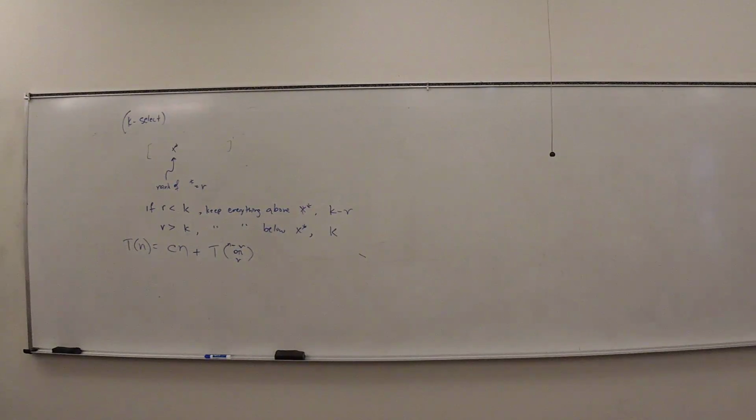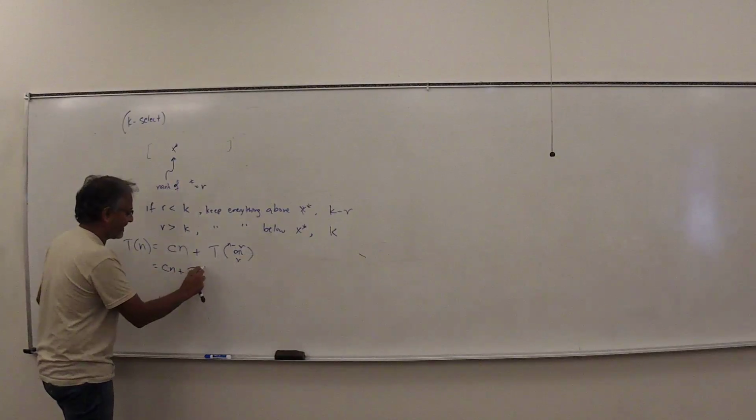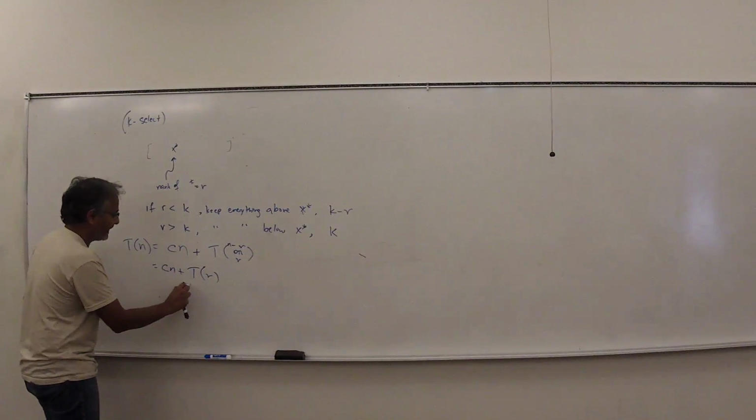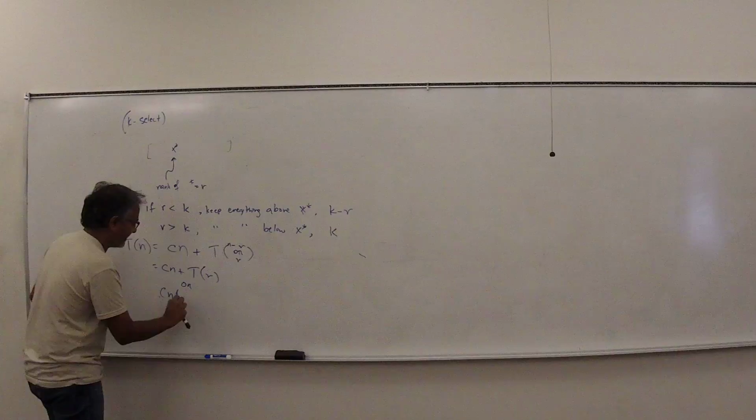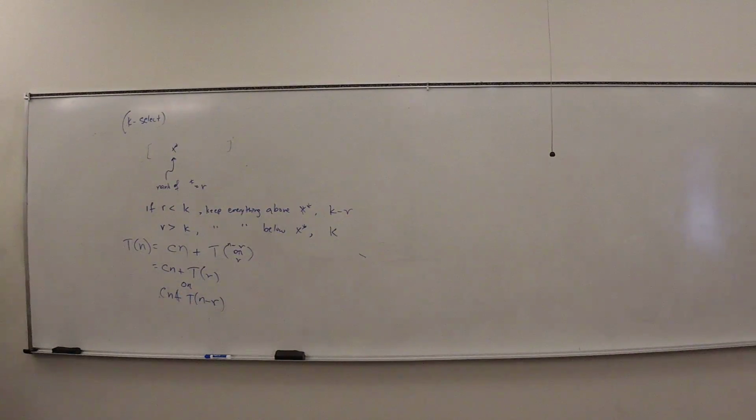But that's no good. There's no way we can solve a recurrence like that because we don't know what's going to happen. We don't even know what R is. Right? So this is a problem, right? Because either it's Cn plus T of R or Cn plus T of n minus R, and we don't know what R could be.